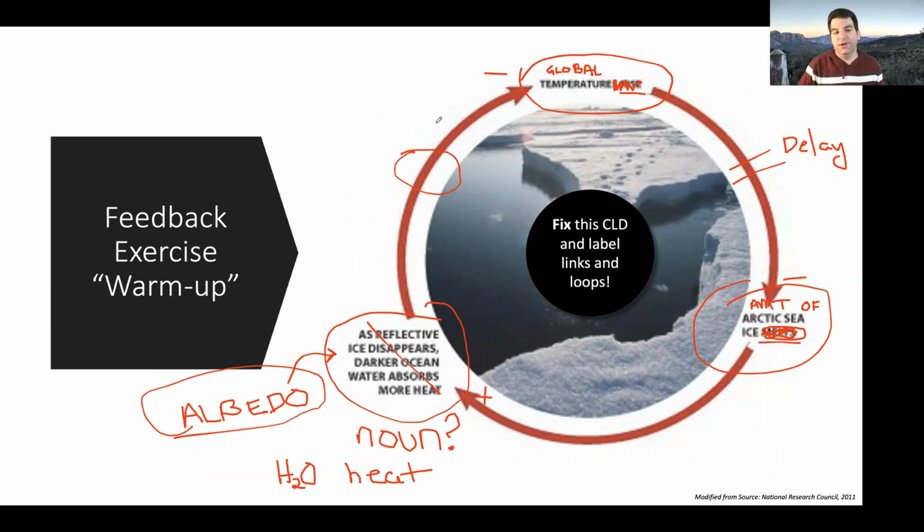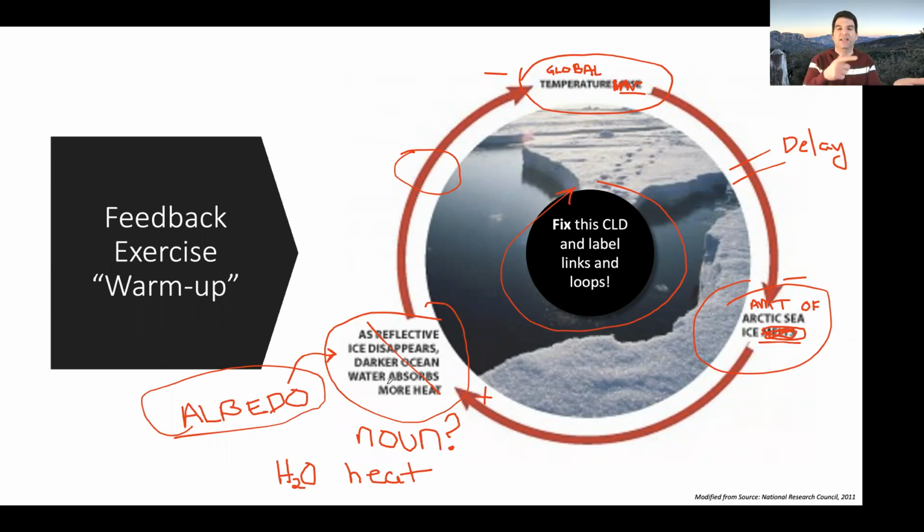I don't know if that has a delay or not. I put a delay over here, but I'm not sure if there should be a delay over here. If I look at that, I got two negatives. And I see a question here: doesn't the original talk about the amount of heat absorbed by dark waters? That's great. The original talks about darker ocean water.